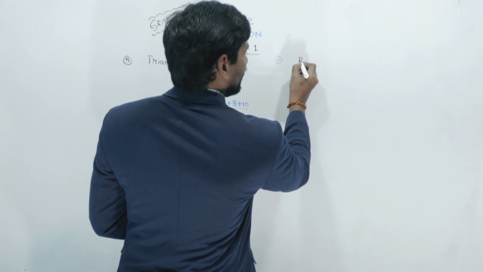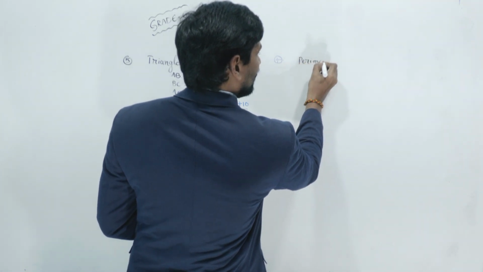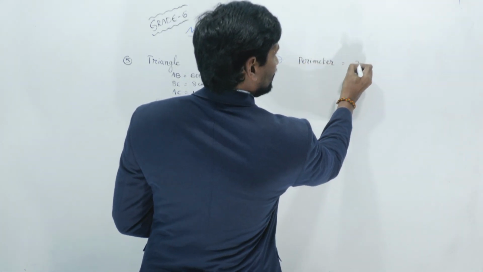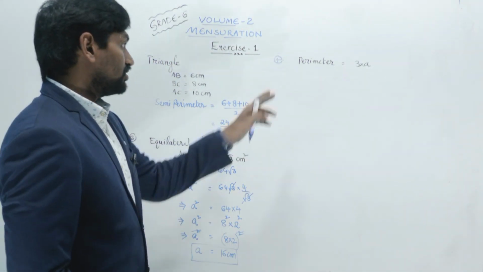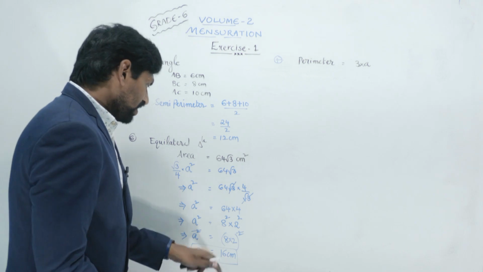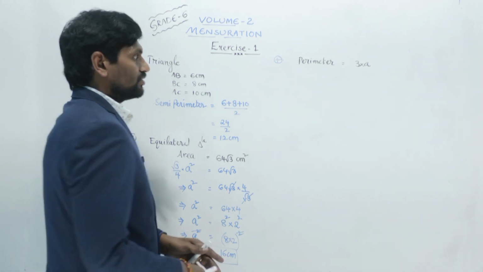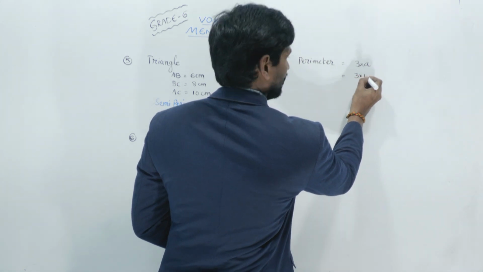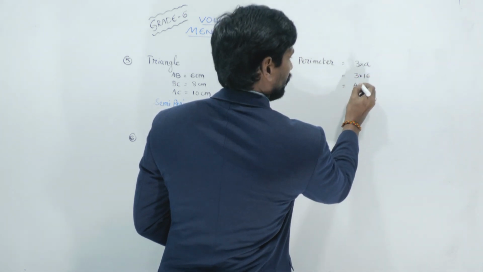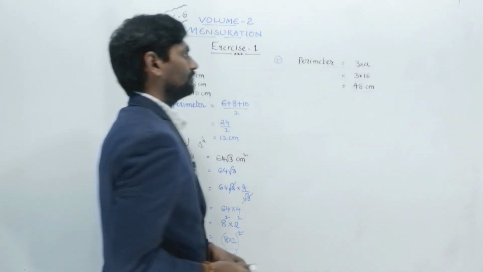The perimeter of an equilateral triangle is nothing but 3 into a, because all sides are equal. The value of a we got is 16 centimeters, so we can write 3 into 16. 3 16s are 48 centimeters.